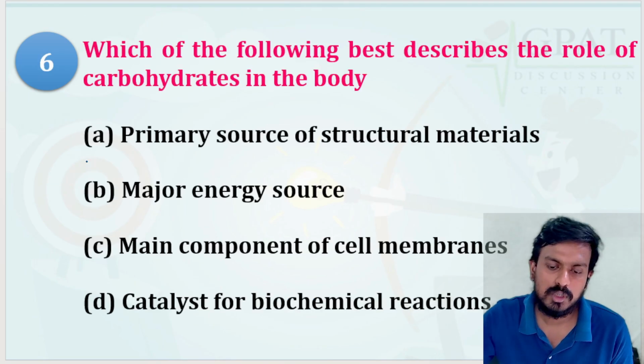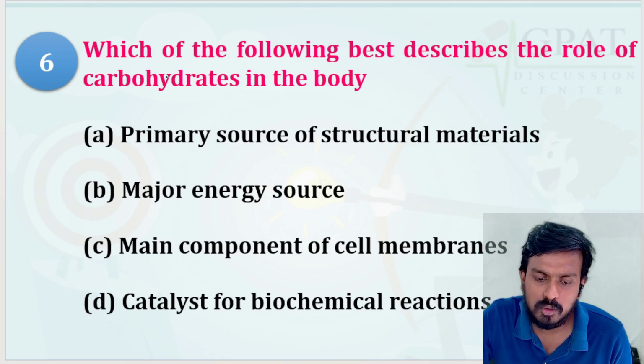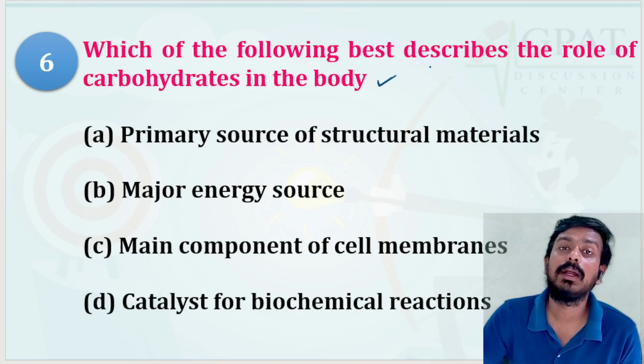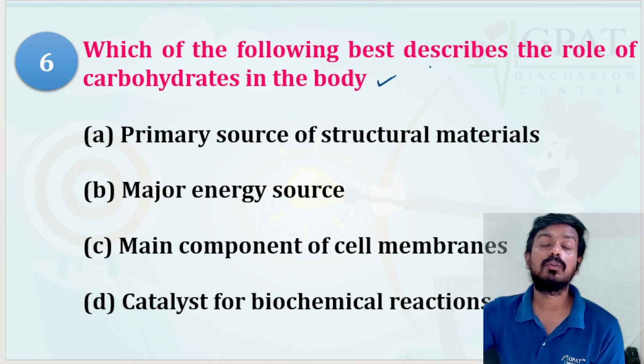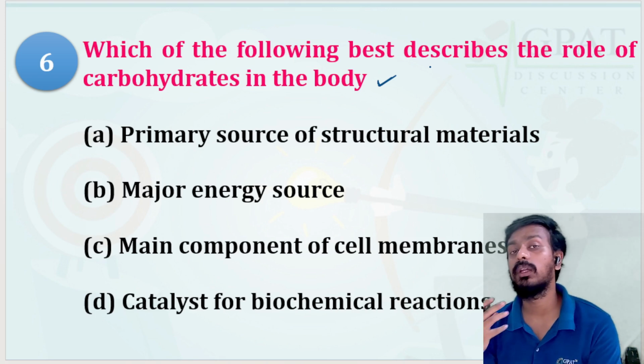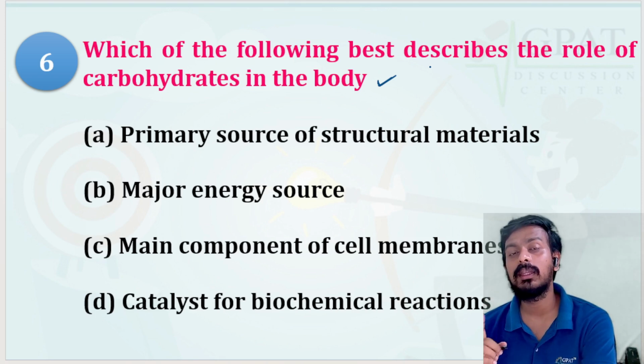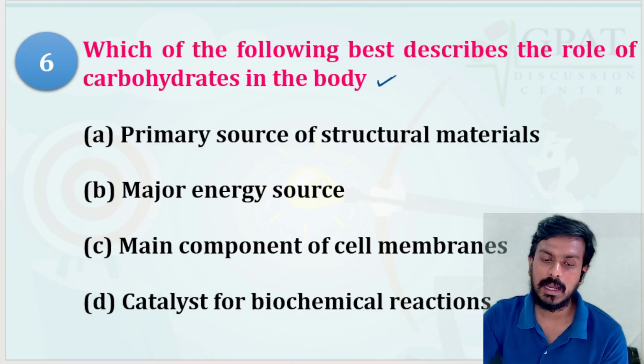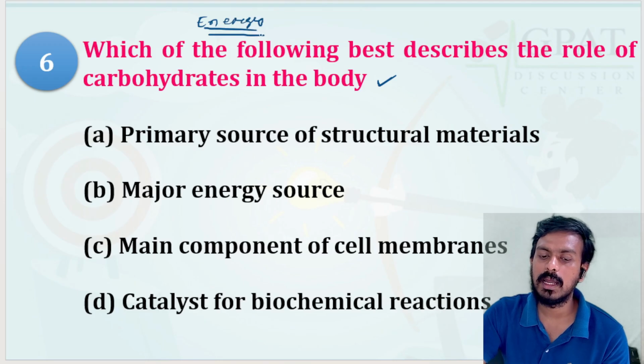Next question. Which of the following best describes the role of carbohydrate in the body? If you remember, when we hear the word carbohydrate, the first thing that comes to our mind is energy. Carbohydrate is the major energy source.